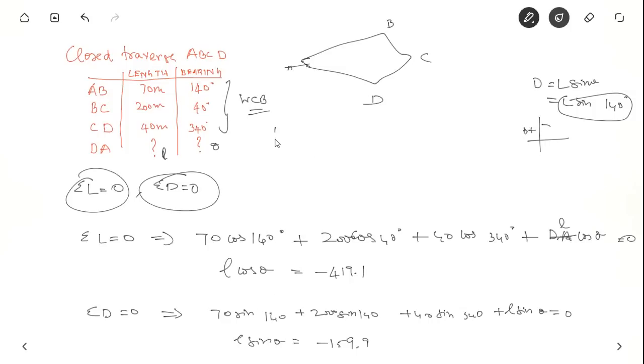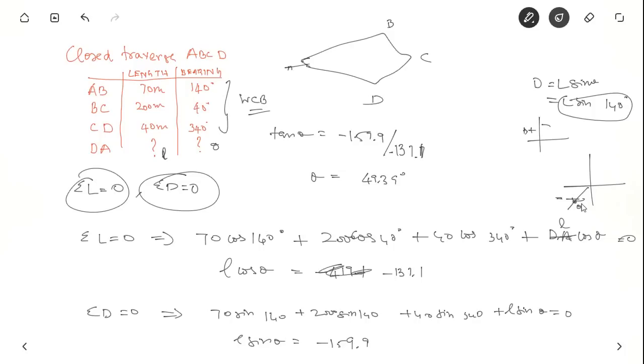So we have tan theta equal to minus 159.9 divided by, I think this will come around, minus 137.1. So minus 159.9 by 137.1. So you will get theta as 49.39 degree. Here latitude is also in minus sign, departure is also in minus sign. So it lies here in this quadrant.